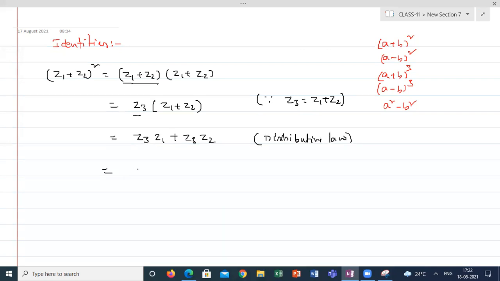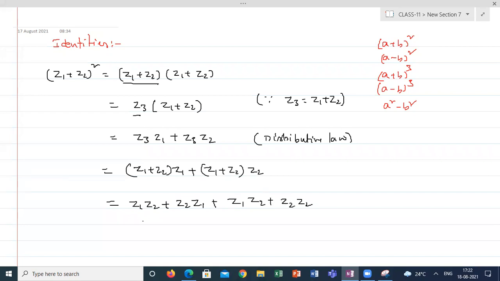Applying the value of z3, this will be z1 z1 plus z2 z1 plus z1 z2 plus z2 z2. This will give z1 whole square, and z2 z1 and z1 z2 both are the same, 2 z1 z2, plus z2 whole square.